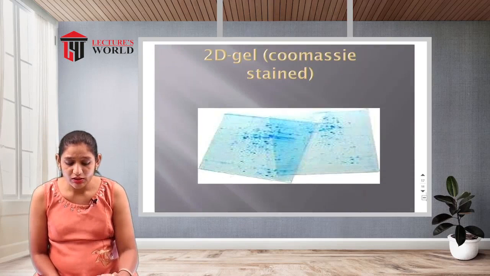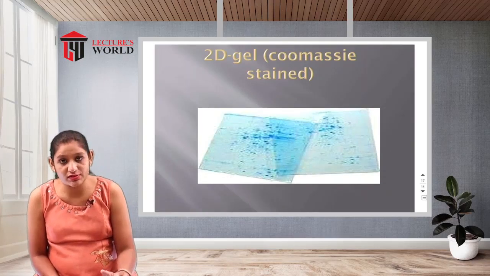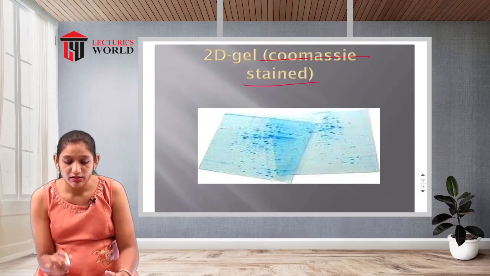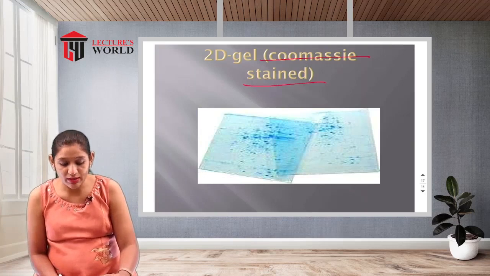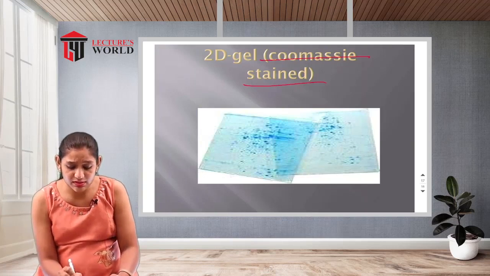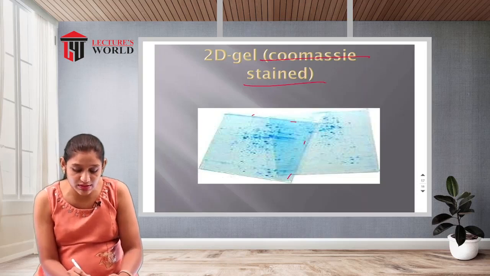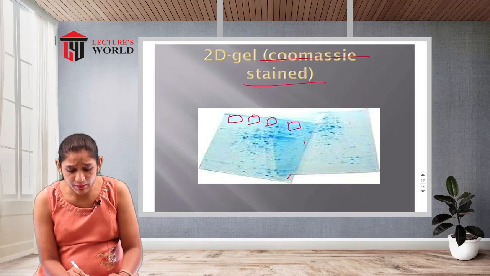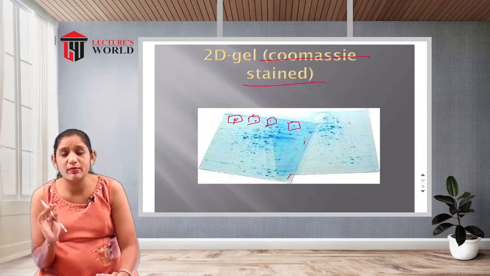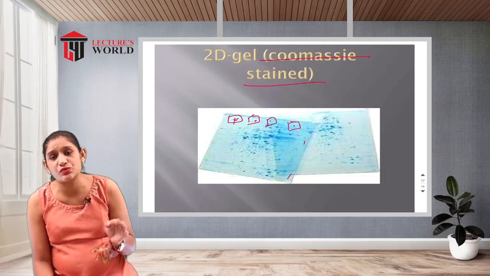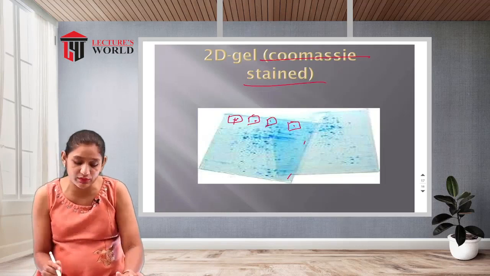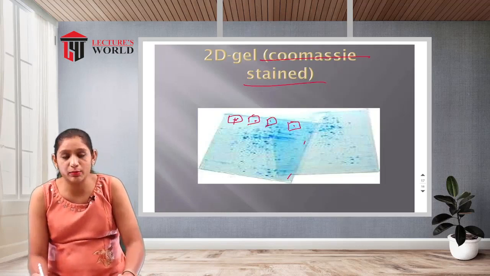See, this is 2D gel electrophoresis stained with this stain. Here I am showing some pictures. This is the set 2D gel electrophoresis. Here this is the well, where the sample is going to be loaded. Whatever number of samples you have, 1, 2, 3, 4, you load them with this micropipette.